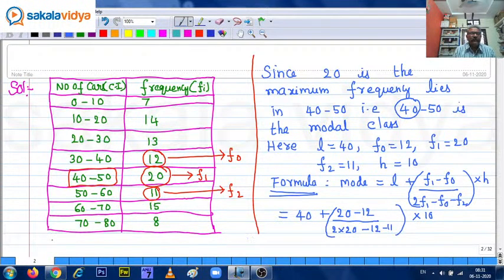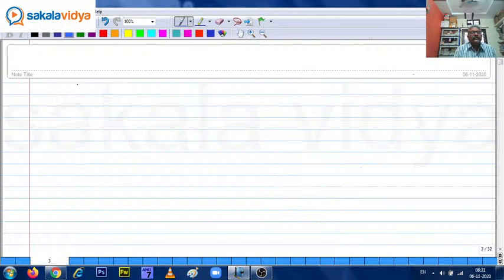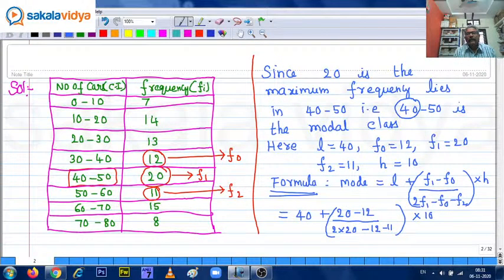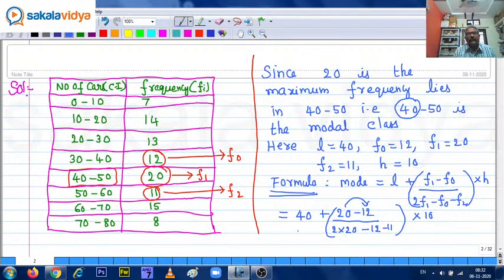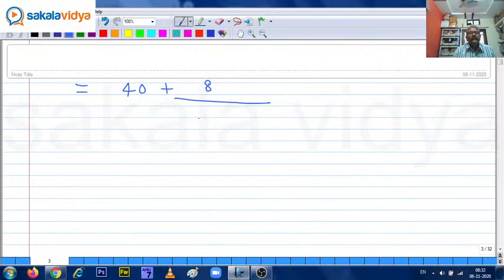Now we need to simplify this. It equals 40 plus 20 minus 12, which is 8, upon 2 times 20 is 40, 40 minus 12 plus 11 is 23, multiplied by 10.